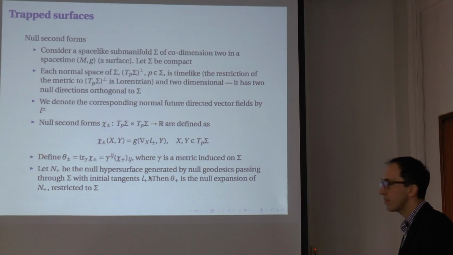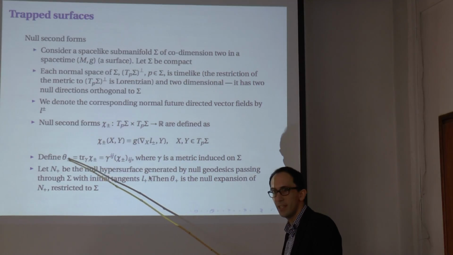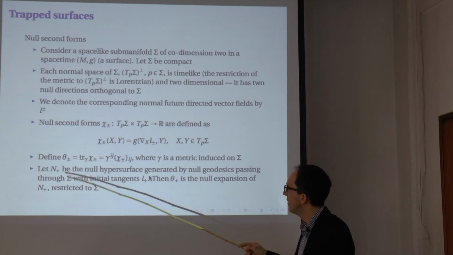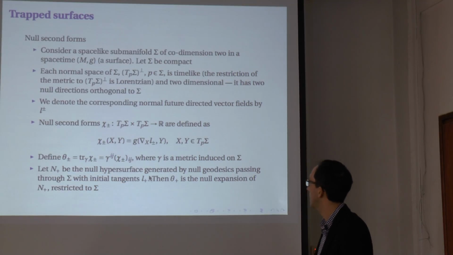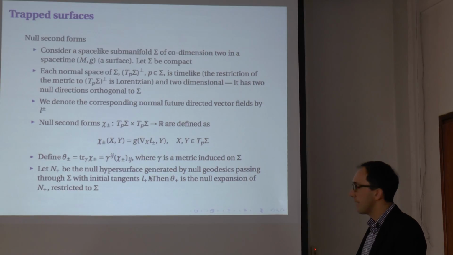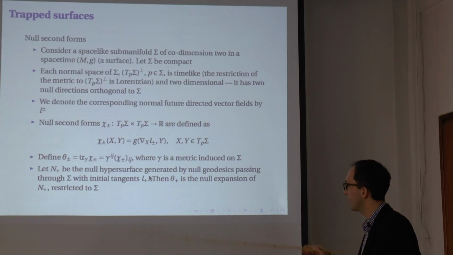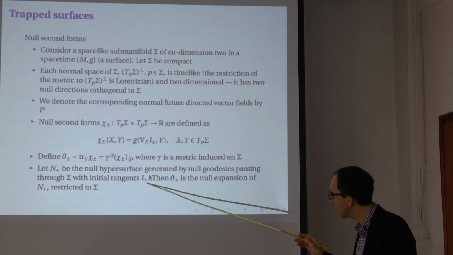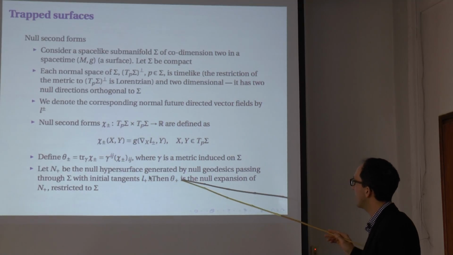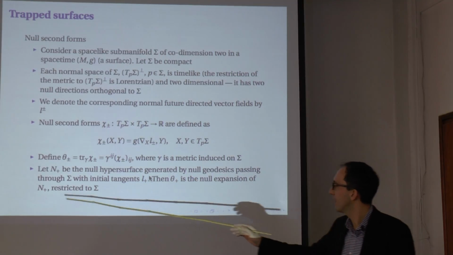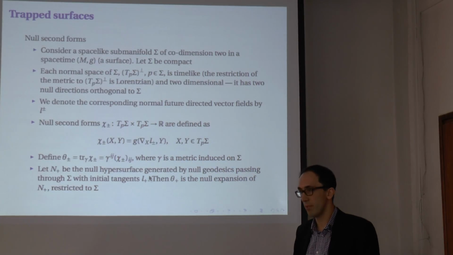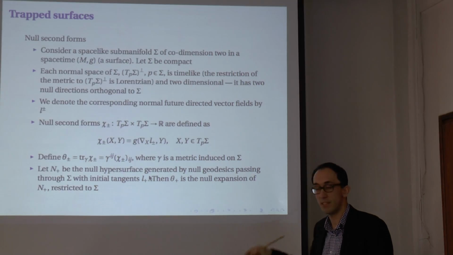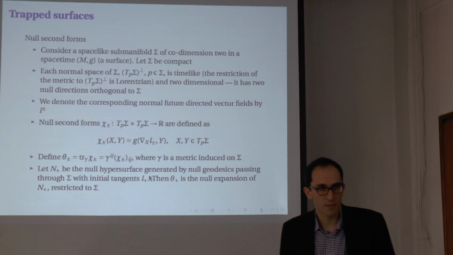Now, it's important to understand that what we have here is precisely what we had before, namely if N plus is the null hypersurface generated by null geodesics that pass through sigma with the initial tangent vector lambda L plus pointing to the future, then theta plus is just the null expansion of N plus in this previous sense, and the same applies to L minus and theta minus.